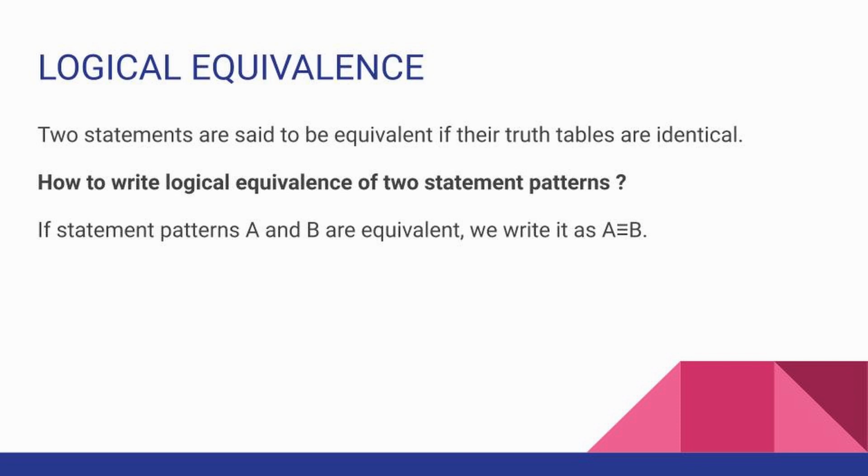If all the truth values in A match with all the truth values in B, then they are said to be logically equivalent. Now let us see how to write logical equivalence of two statement patterns. Suppose statement patterns A and B are equivalent, we write A equivalent to B. For showing equivalence, we will be using these 3 lines.